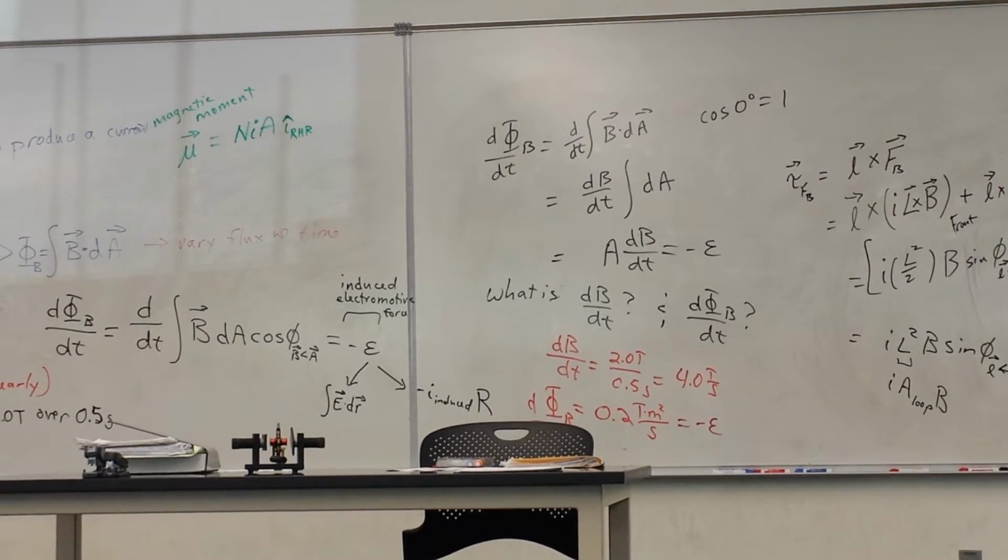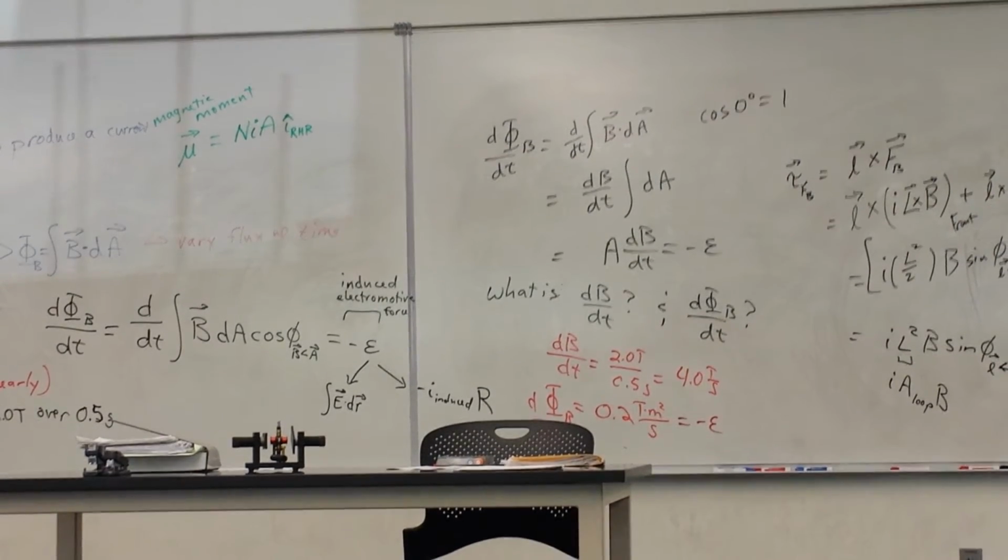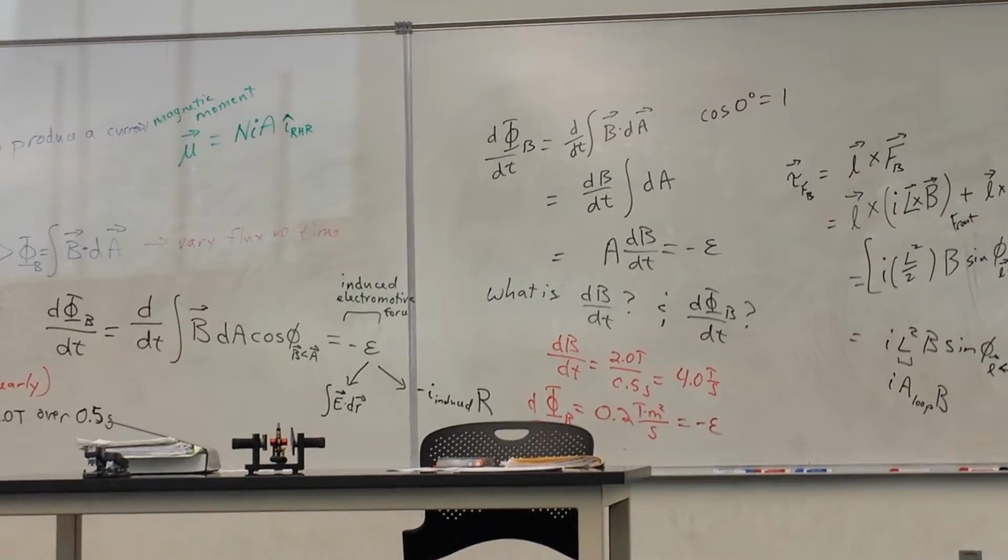But that would still require work. But what does the current do? If the current's produced because of this electromotive force, what does it generate? It generates a magnetic field.